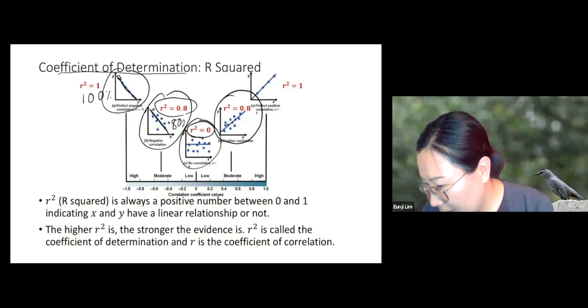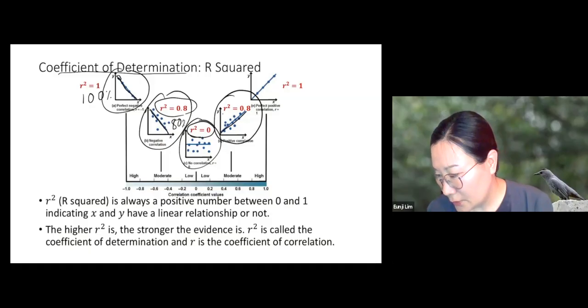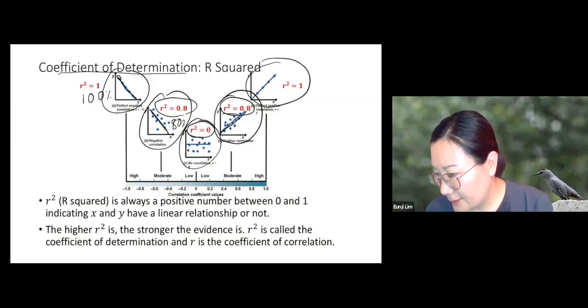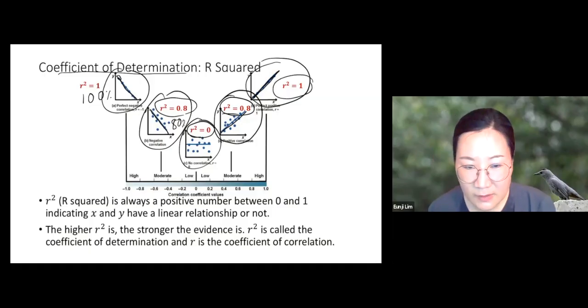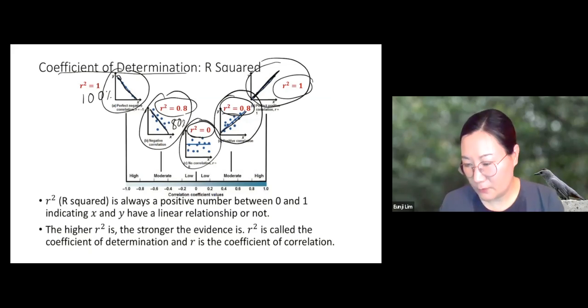In this one, again, the data points are not on the regression line, but they are close. So in that case, R-squared turned out to be 0.8. And in that case, all the data points are on the regression line, so 100% of the data points are explained by the regression equation. So the R-squared value is 1.